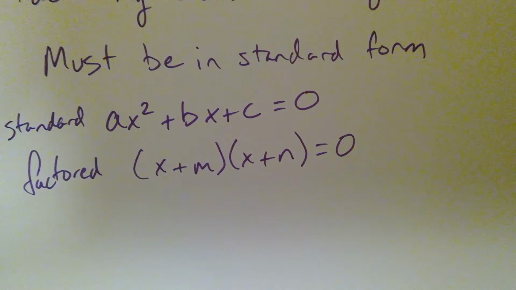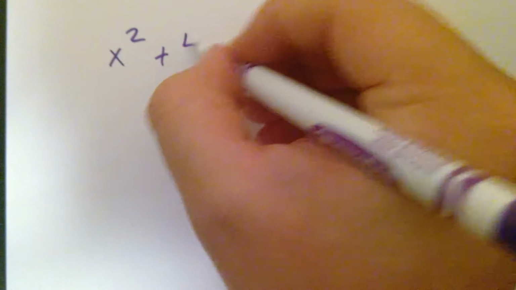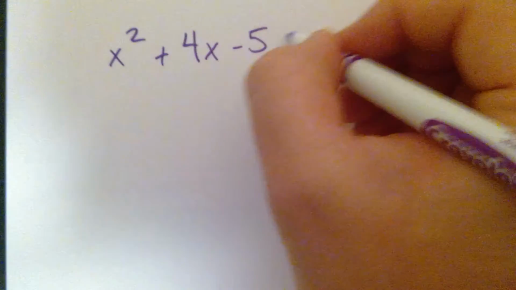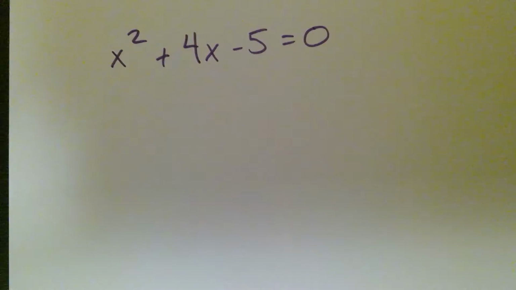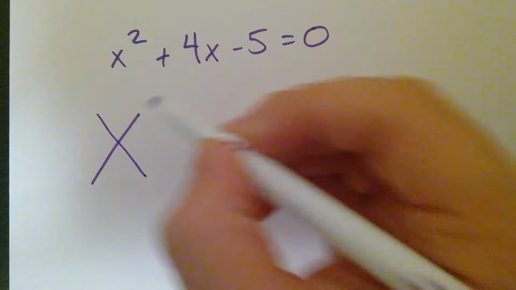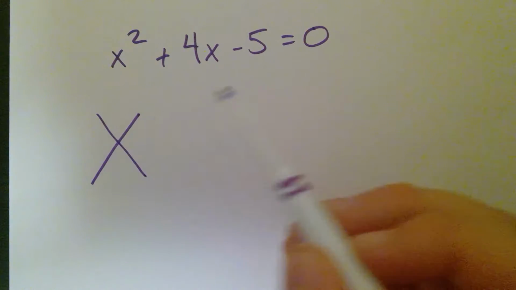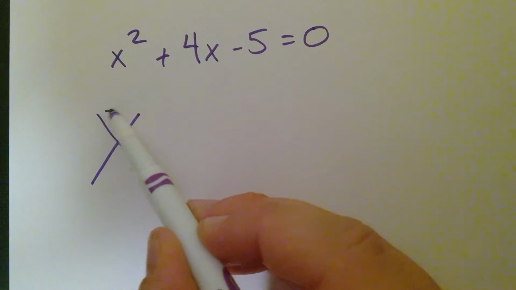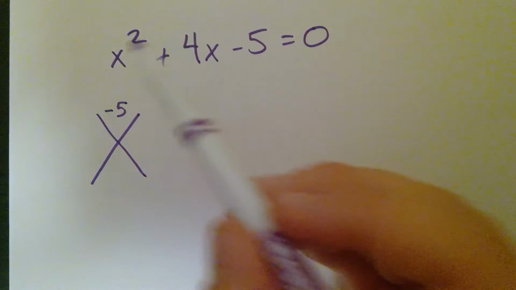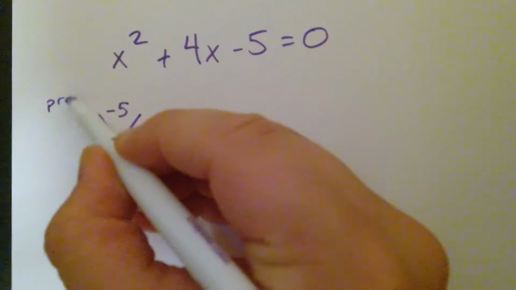So let's get straight to business. Here we go. We have x squared plus 4x minus 5 equals 0. We are in standard form, so we are good to go. What we're going to do is look for a product, numbers that multiply to make -5.